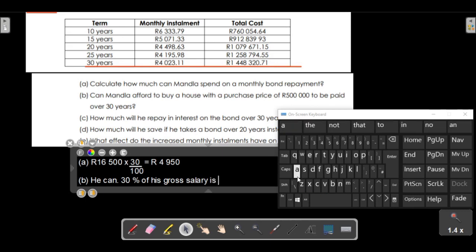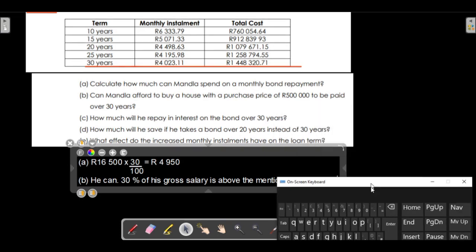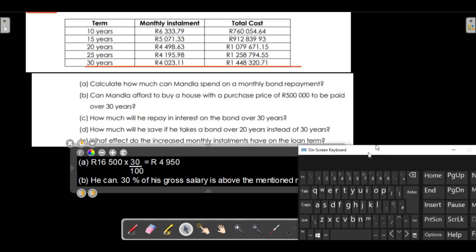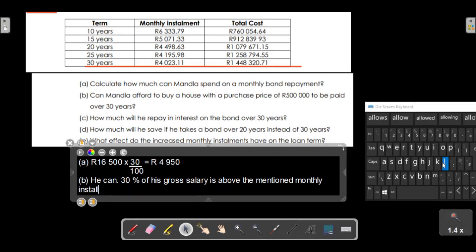So that is our answer there. We're saying that it's above the mentioned monthly installment. Let's move on to the next question.